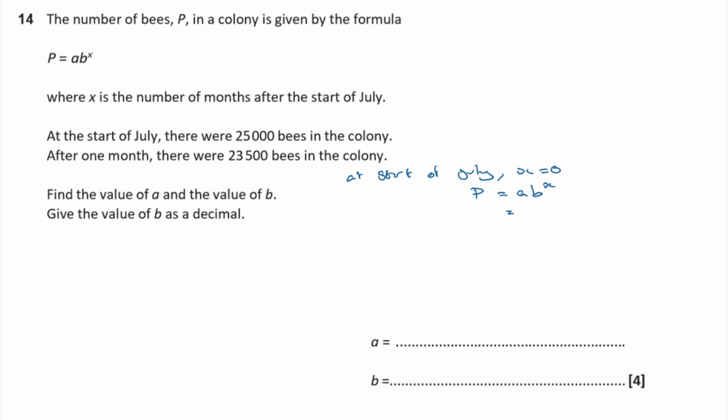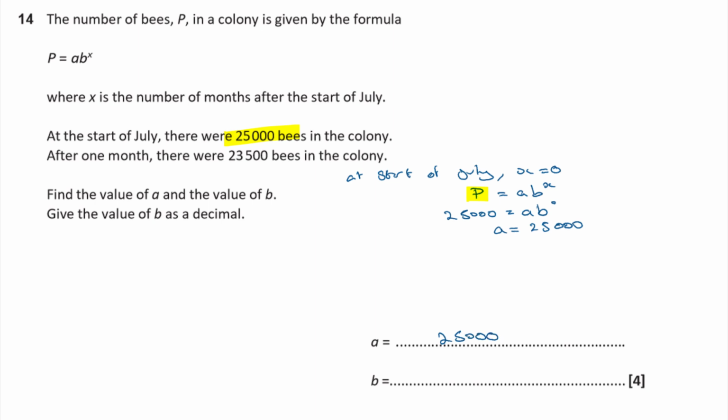Well, if x is 0, I get AB to the power of 0, and I know that the colony is actually 25,000 at that point, so P must be 25,000. Now any number raised to the power of 0 is 1, so B becomes 1, so I get A times 1, so basically I've got A there. So that tells me then that the value of A must be 25,000. Okay, that's our starting value then.